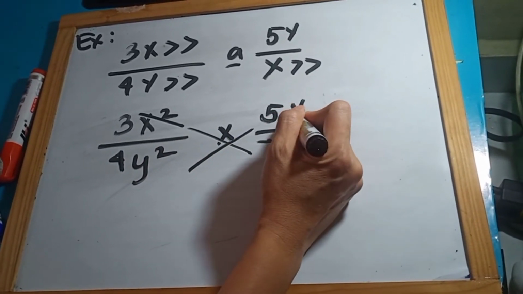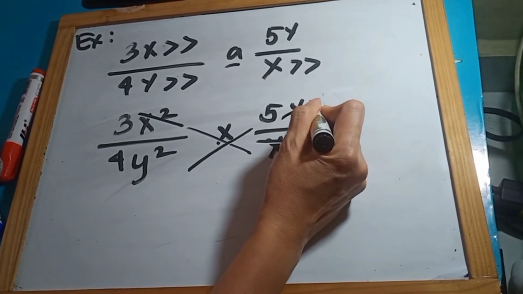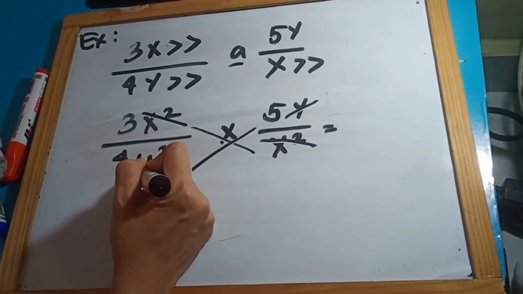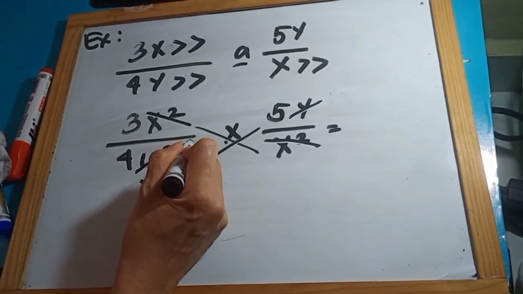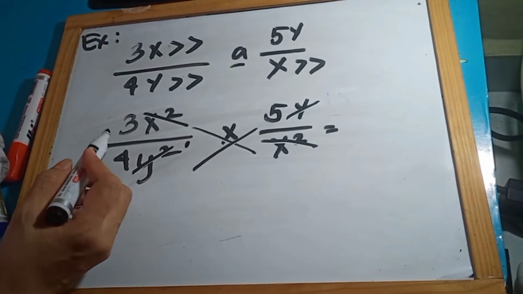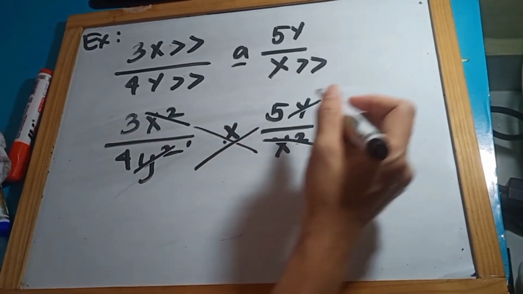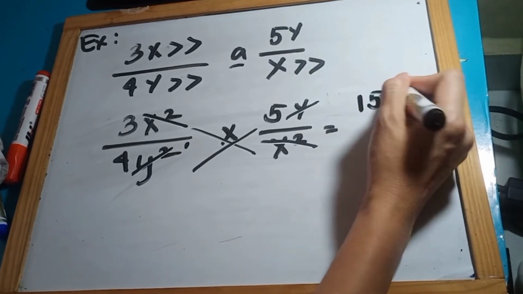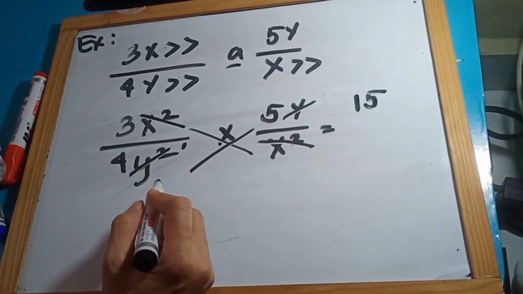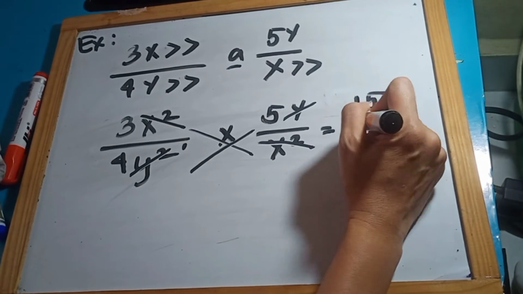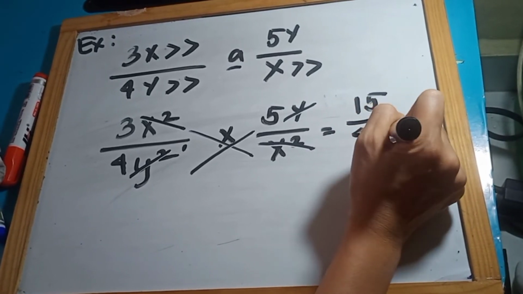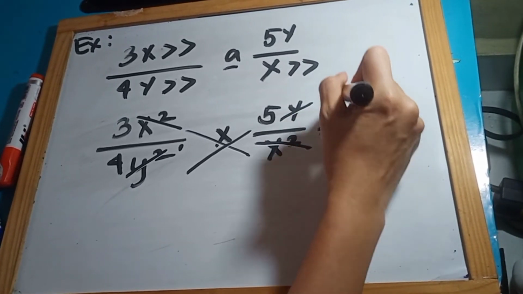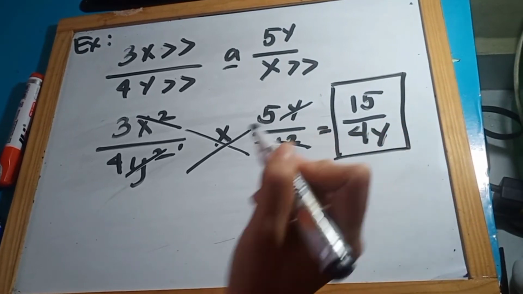So, ika-cancel naman natin si y since pareho silang may y. Ito, magiging 1 na lang yung kanyang y. So, 3 times 5, that is 15. And 4y times 1, that is 4y. So, ito na po yung ating sagot.